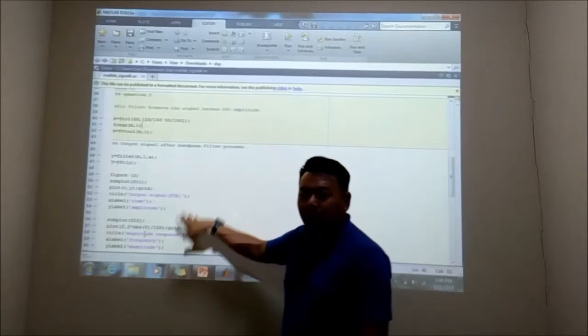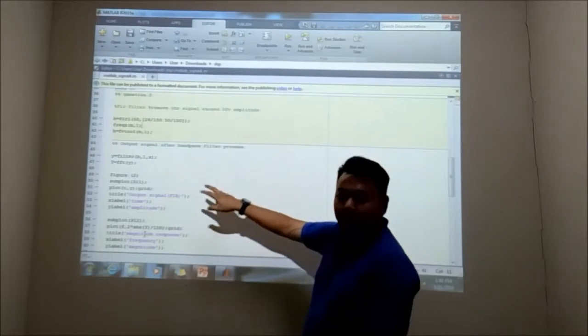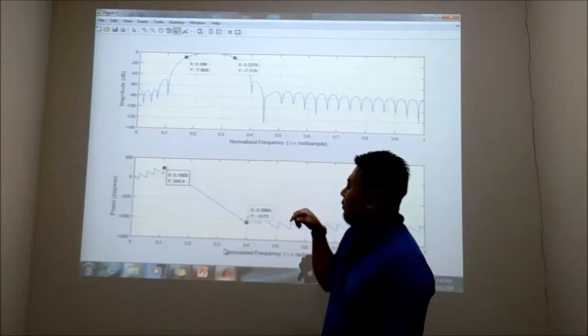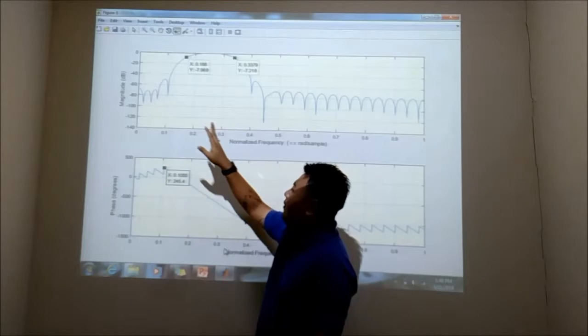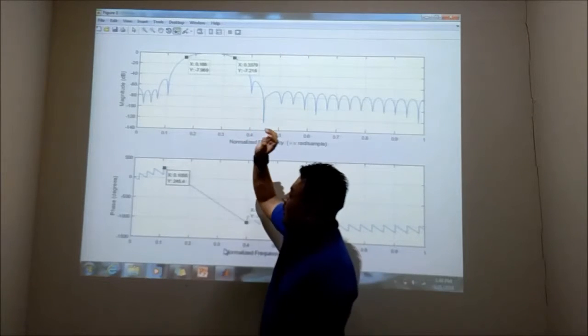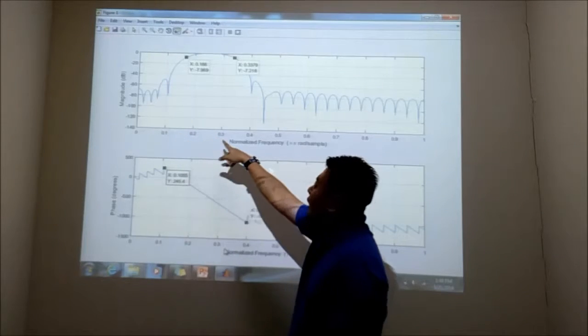Okay, after we run this, we will get the result in magnitude and also in the phase. Then we run this section. So we get here. For this result, we will show first the magnitude and then the phase. This result shows a band pass filter signal.